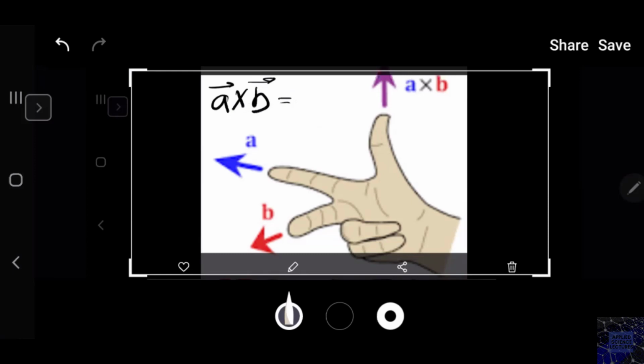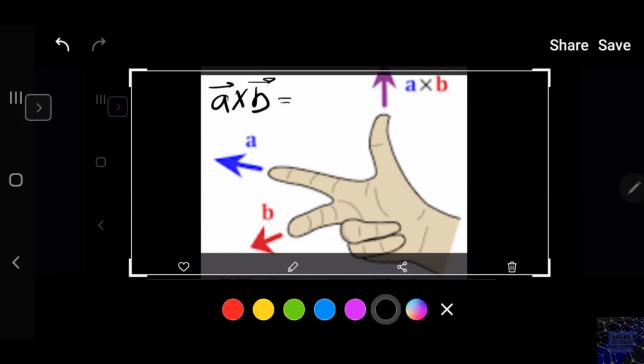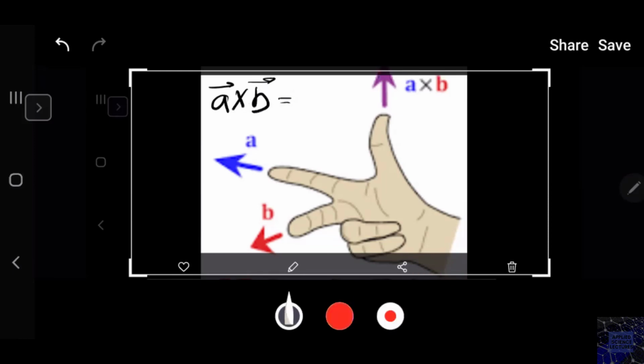So if I am to align this right hand on the x of my Cartesian coordinates, the Cartesian coordinates is going to look like this: this is x, and this is y.